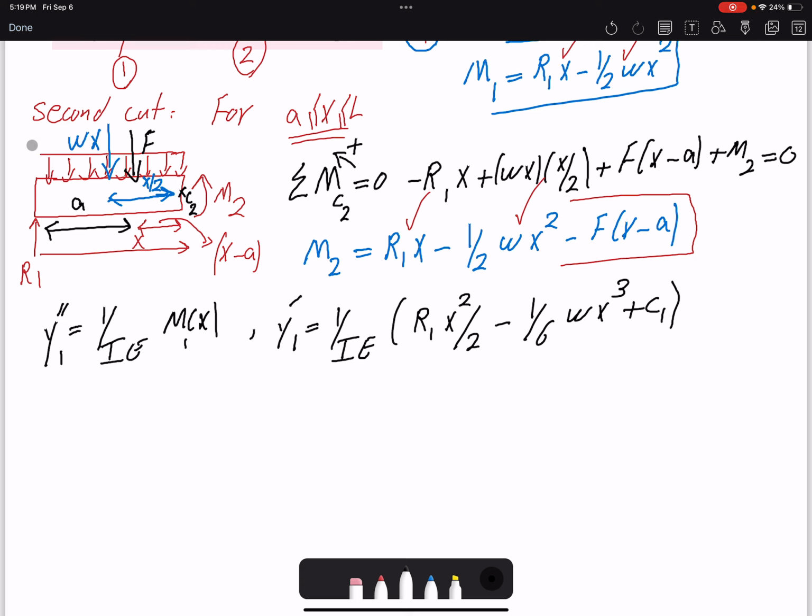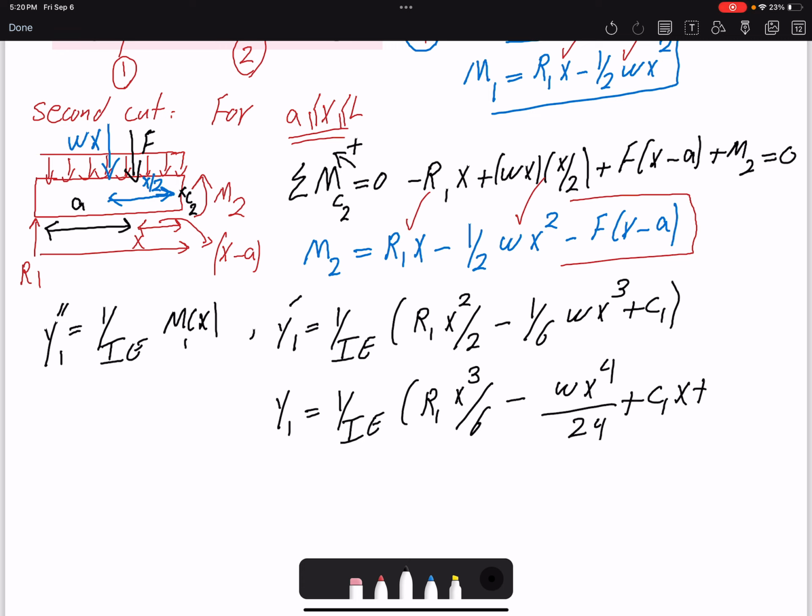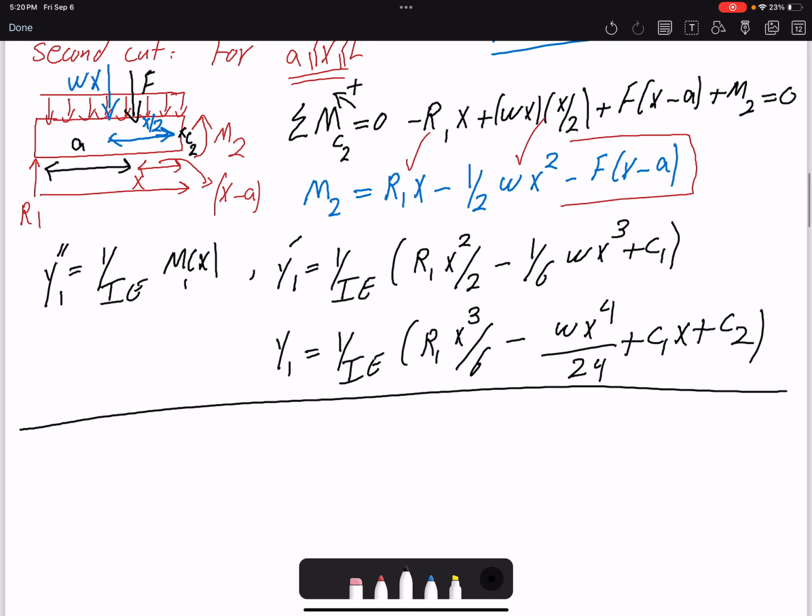And if I integrate again, y1 would be, over EI, R1 x cubed over 6 minus w x to the fourth over 24 plus C1 x plus C2. And these deflection and slopes are true from 0 to a.